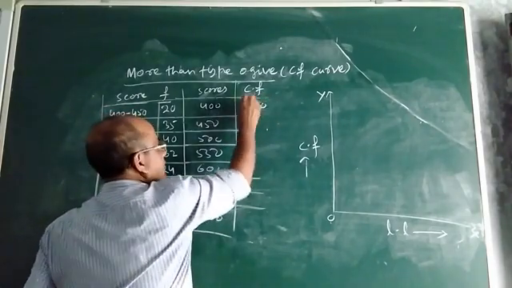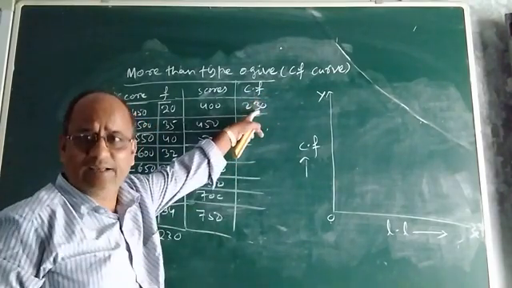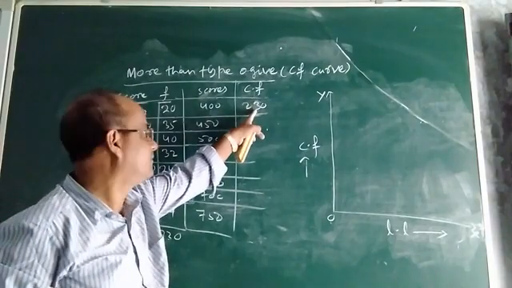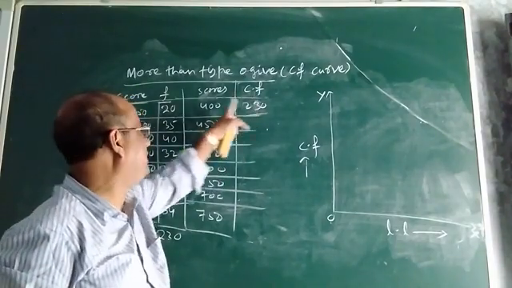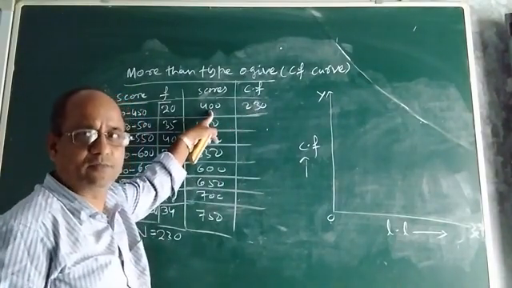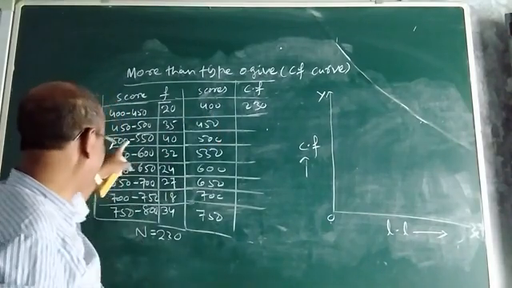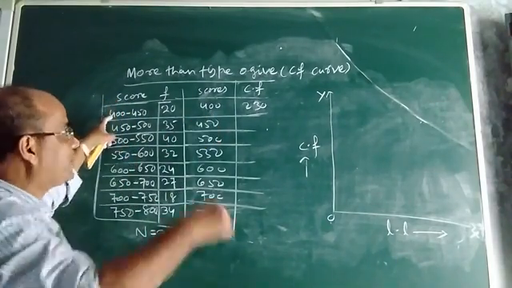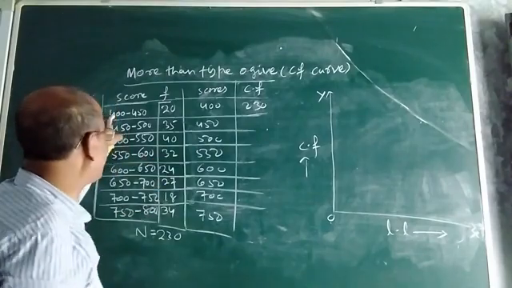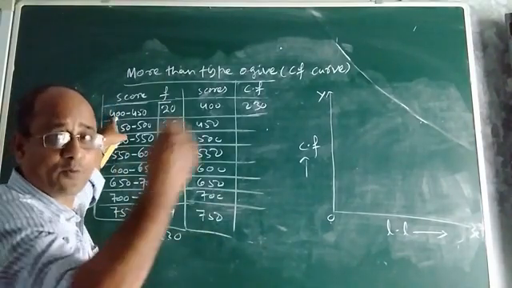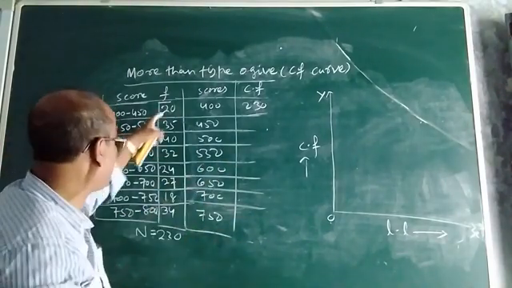230 will be the cumulative frequency of 400. Now you can ask me, sir, why? Because we are discussing more than 400 marks. How many students have got more than 400?